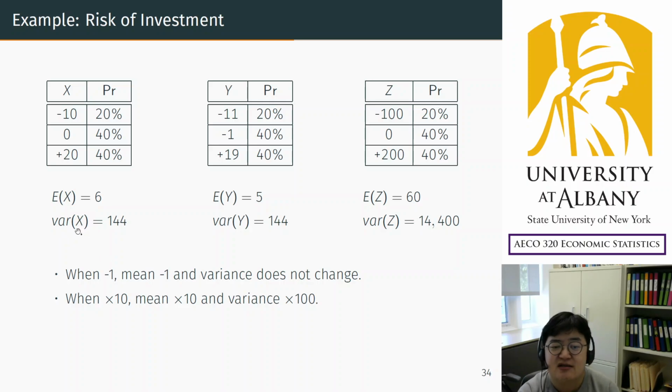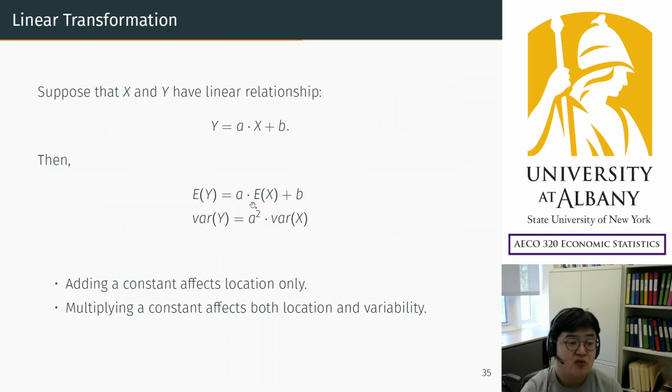Variance does not satisfy that rule. Variance does not change when you add something, but it overshoots more than what you do when you multiply something. Okay, so this is an interesting property of variance. To formulate that, we are going to consider a linear transformation again.